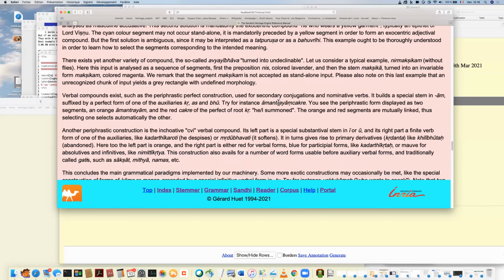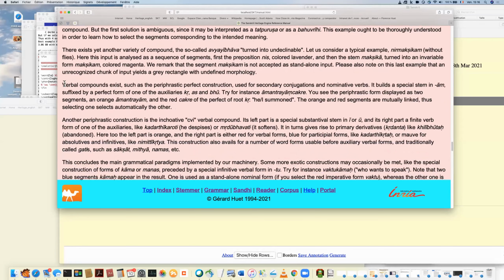Okay, so here, look, verbal compounds exist, such as the periphrastic perfect construction used for secondary conjugations and denominative verbs. It builds a special stem in "am". So that's what we saw with this "asa", suffixed by a perfect form of one of the auxiliaries, kri, as, and bhu.